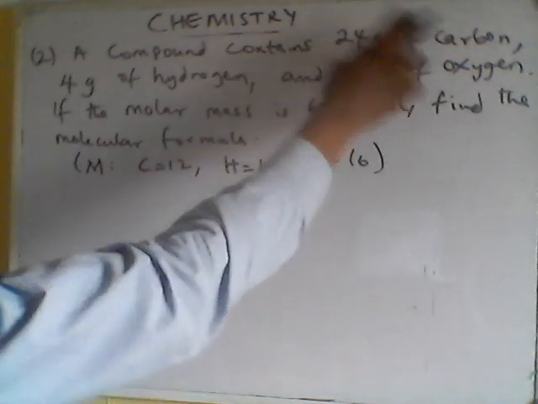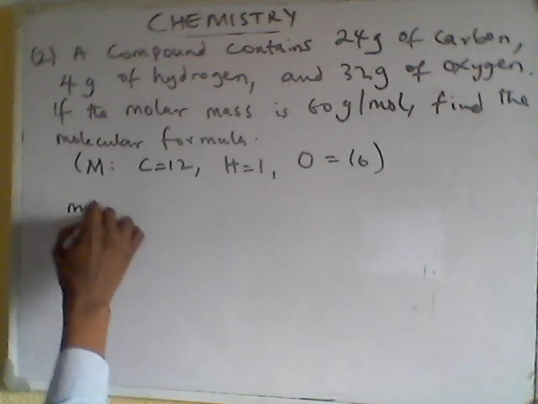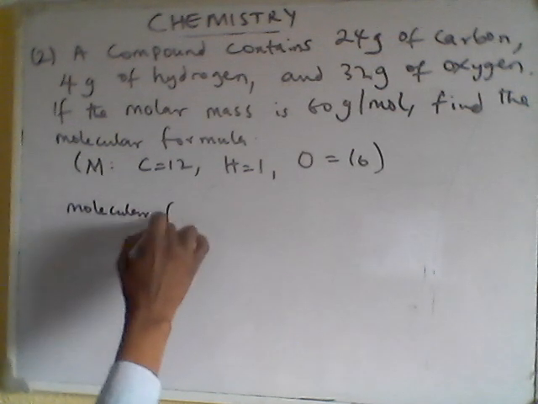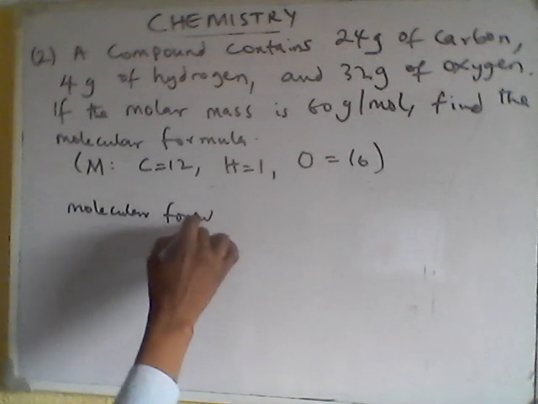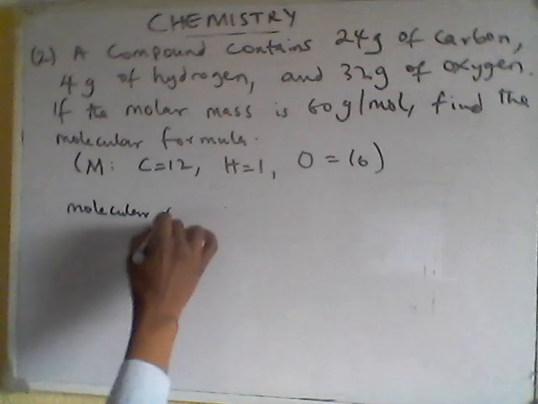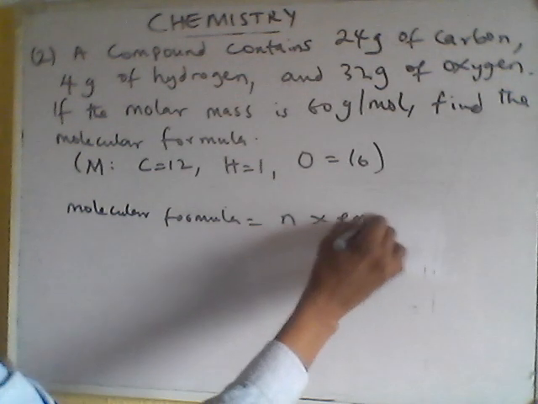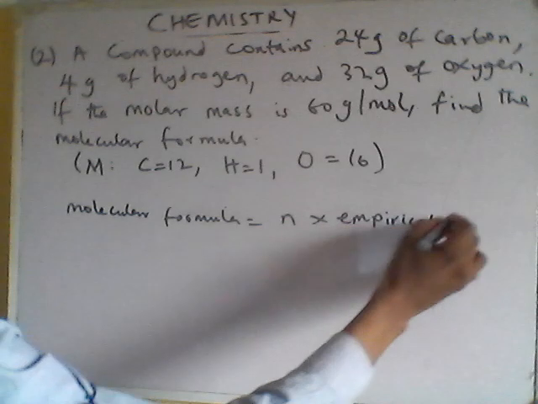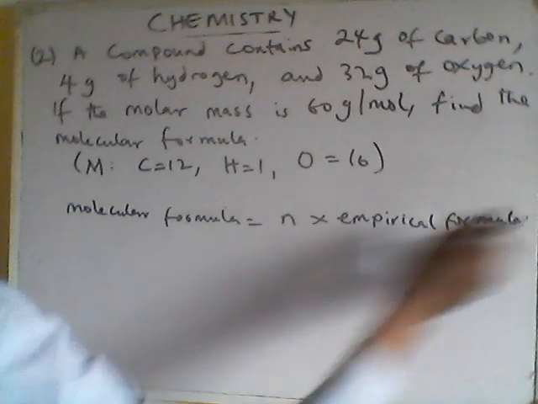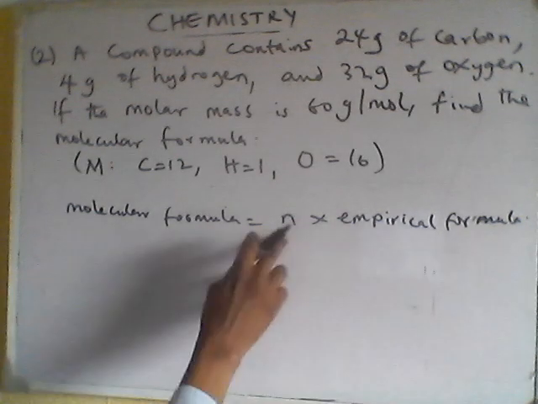So the first thing we'll do is to find the empirical formula, because we know that molecular formula is equal to N times empirical formula. Okay, so we don't have empirical formula yet, and we don't have number of moles, but we can get this one and get this one.